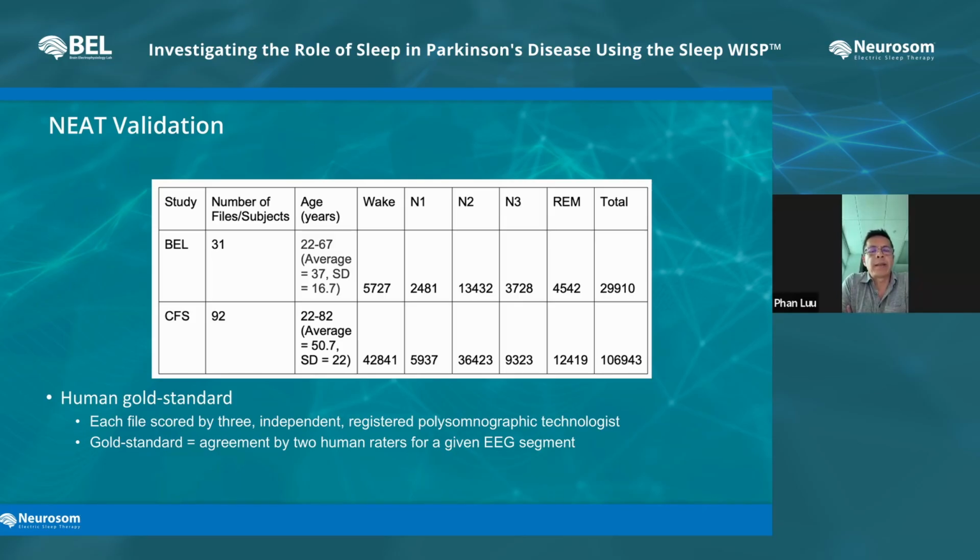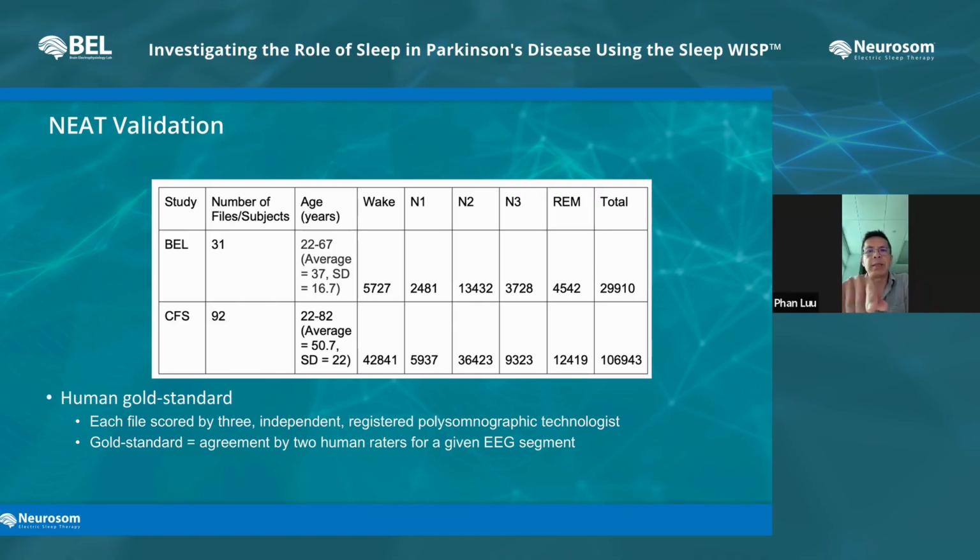Once we have that, this slide presents the characteristics of the data we use for the validation, totally separate from what we use to train. There are two data sets from two different systems.